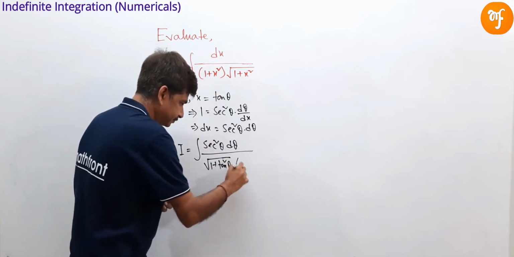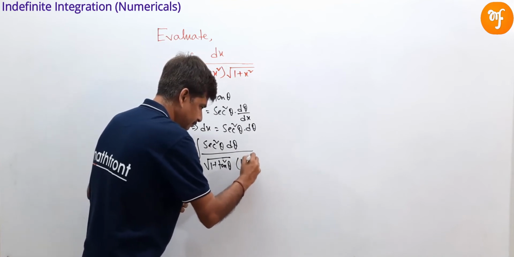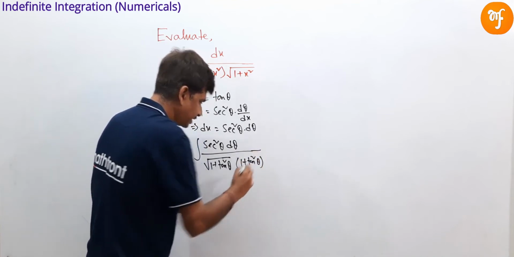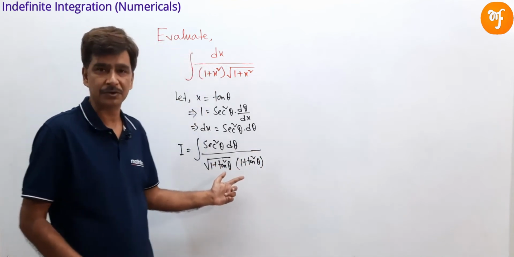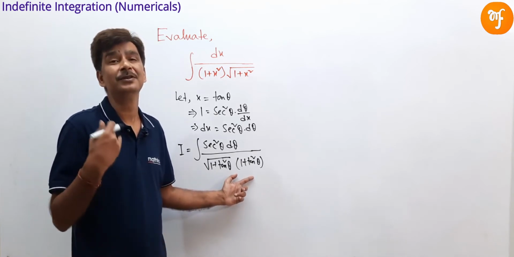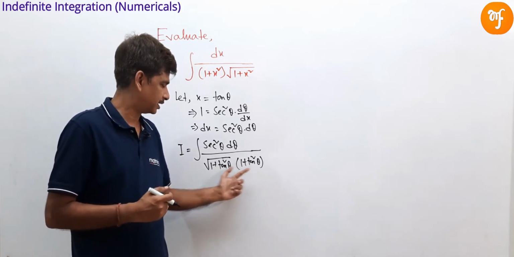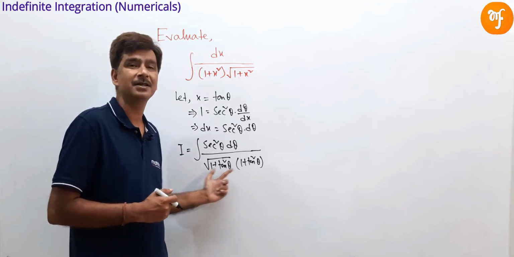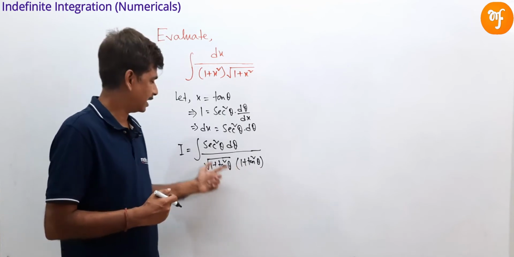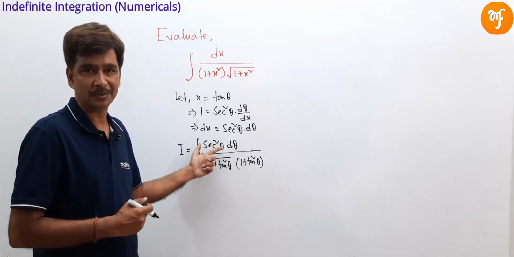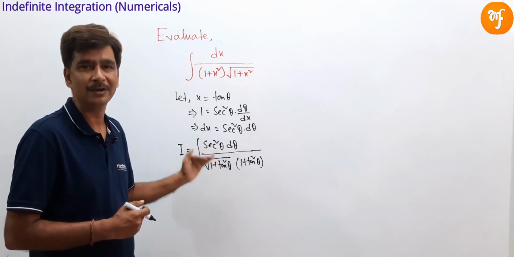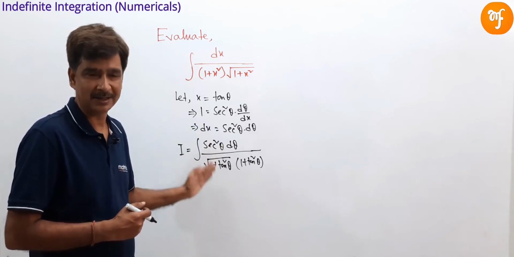Okay. So definitely if we simplify, as we know 1 plus tan square theta is equal to sec square theta. So this is sec square theta into square root of sec square theta, that is the denominator becomes sec cube theta, and sec square theta is already in the numerator. So after simplifying the whole we will get just 1 by sec theta, that is cos theta.